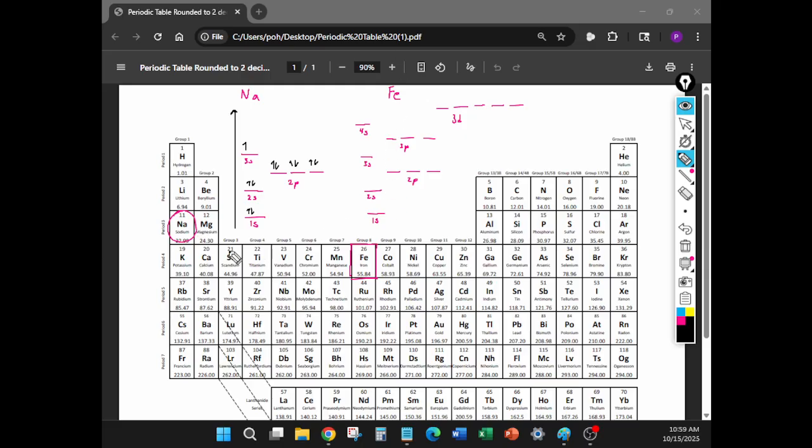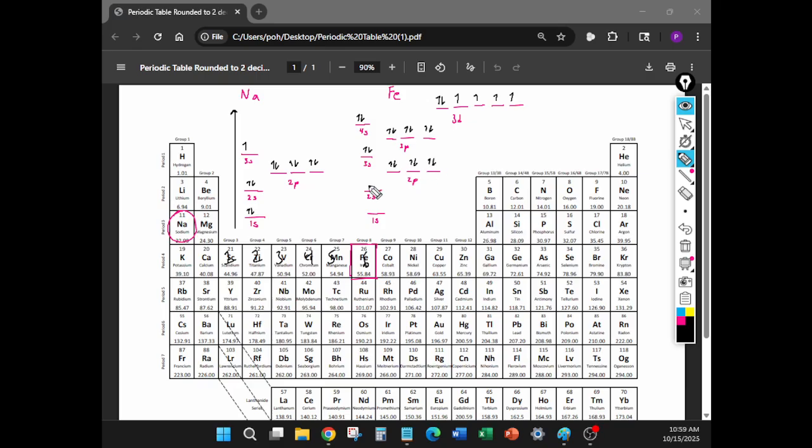Iron, if you take a look, is box number 1, 2, 3, 4, 5, 6 in the 3d section. So it'll be 1, 2, 3, 4, 5, and then you have to pair up one of them in the 3d. Okay, and then everything else you can fill in from there. Okay, everybody good? Hopefully this is pretty easy.